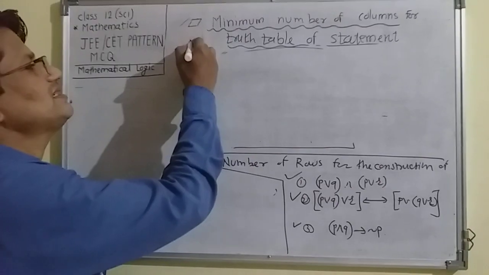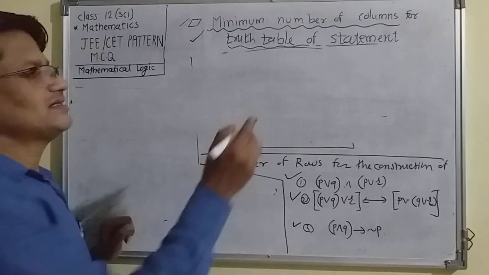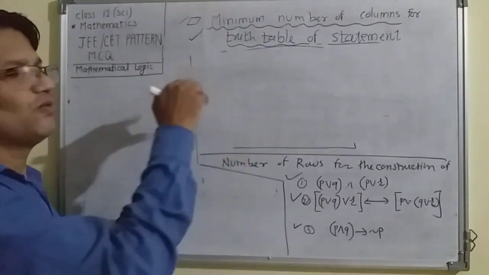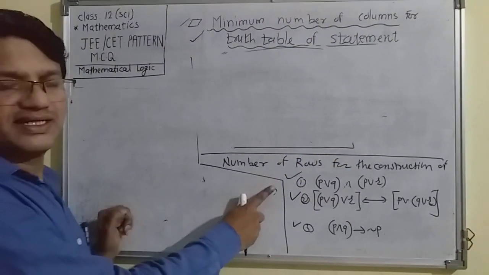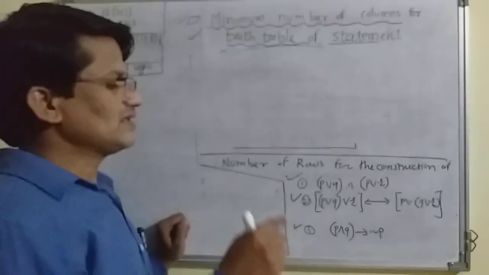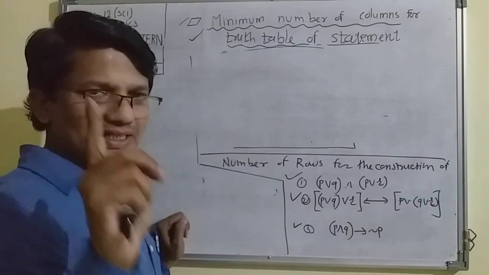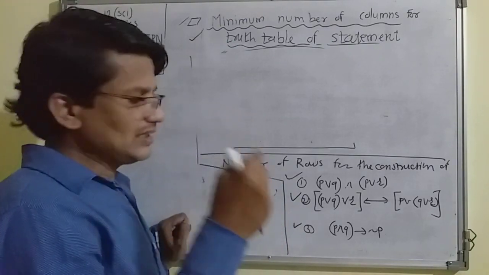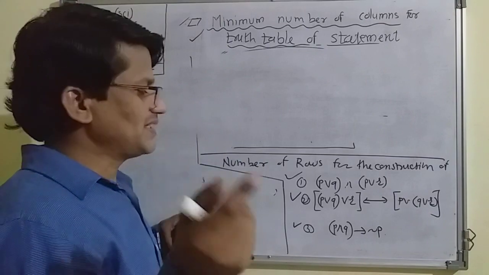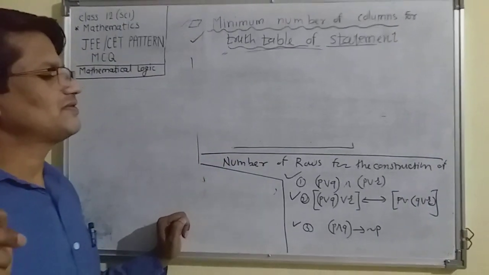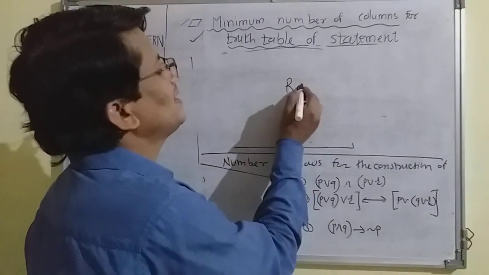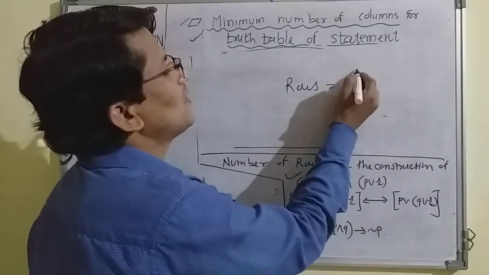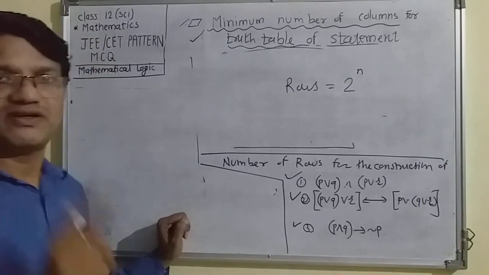In this example, we have discussed how many vertical columns there are. In these examples, what is the rule? I have also given so many examples to you for construction of the truth table, and I have given tricks also. The number of rows is calculated by this formula, 2 raised to N. This is an important formula.